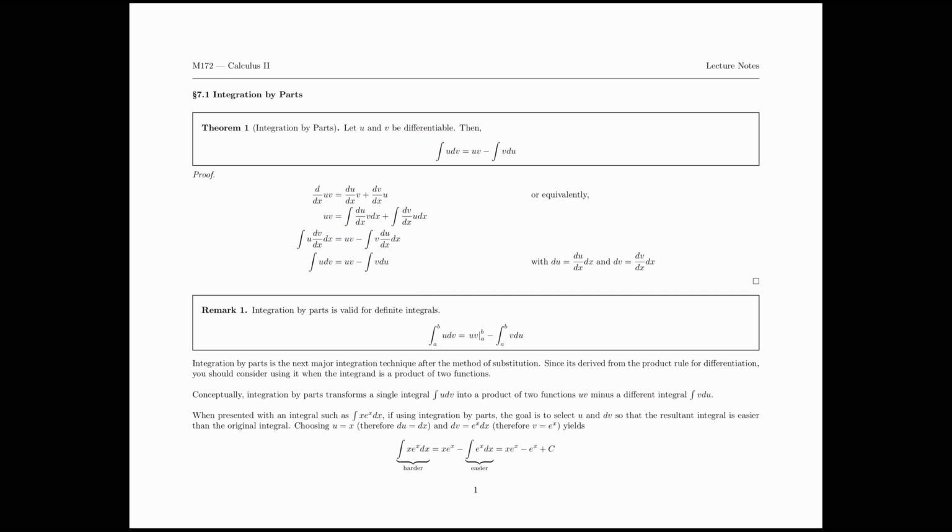With U substitution, we let U equal blah, blah, blah in our integrand, and we can then rewrite the integral into a new integral with a completely new variable, U. With integration by parts, we're not changing variables. If we start with x, then the new integral after we perform integration by parts is still in the same variable that we started with. So that's the more general way to think about it.